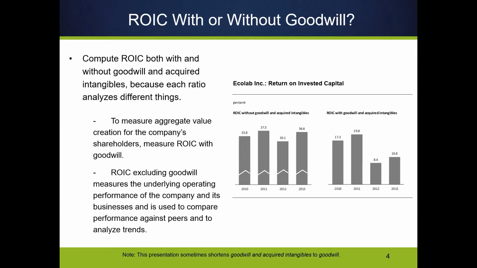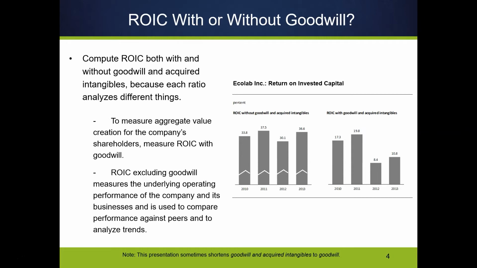If I only add an intangible asset and there's no associated revenue or cost with that intangible asset, which is typically the case with goodwill, then all I've done is increase invested capital without changing NOPLAT, and that can cause my ROIC to shrink.